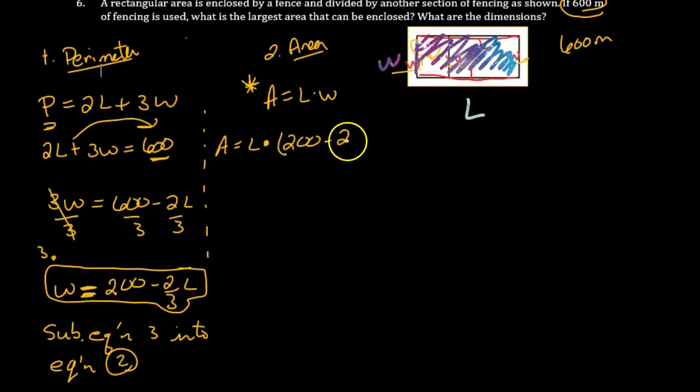So 200 subtract 2/3 L. And we need to simplify, so that means we multiply this out. 200 times L is 200L. Then L times 2/3 L. Well, if it was a number in front, you wouldn't worry about it, so still don't worry about it. It's 2/3 L times L, which is L squared.